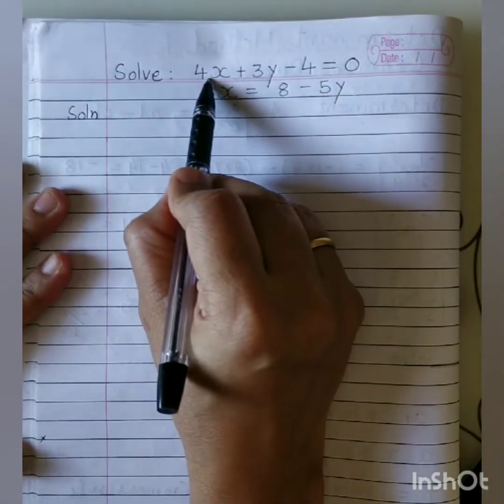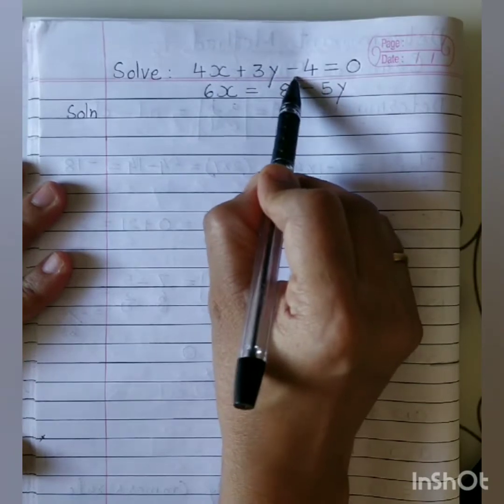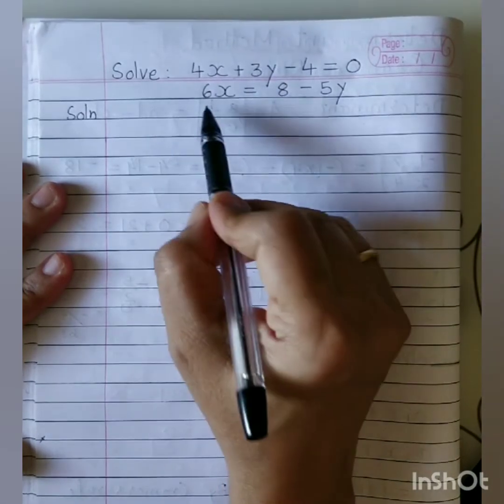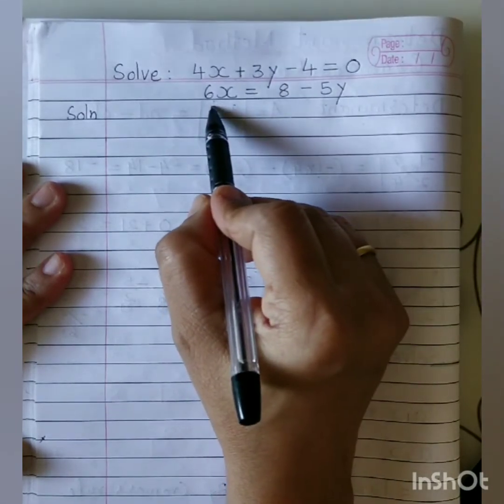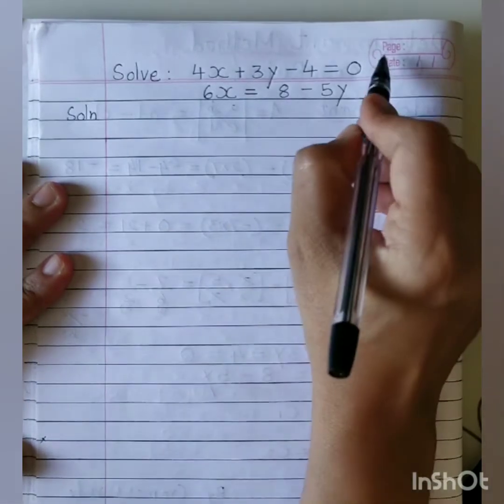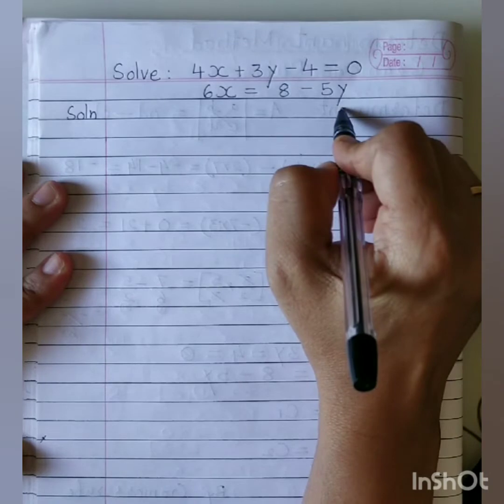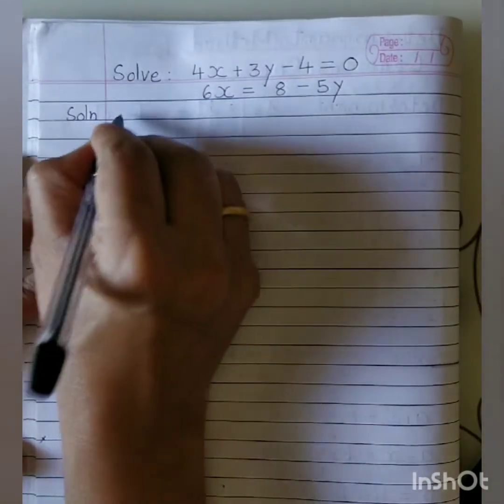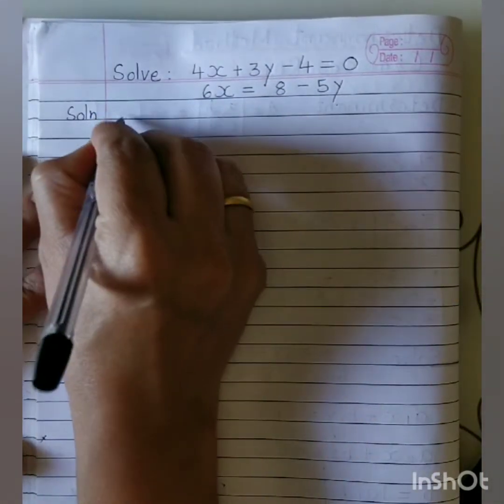Equation is 4x plus 3y minus 4 is equal to 0, and second is 6x is equal to 8 minus 5y. I have told you, first equations are to be written into the standard form as we want to use Cramer's rule here.